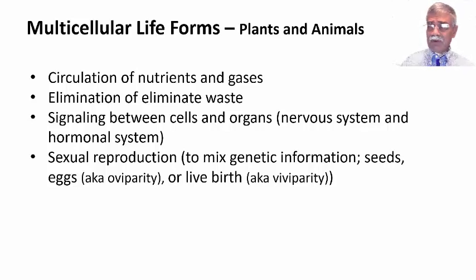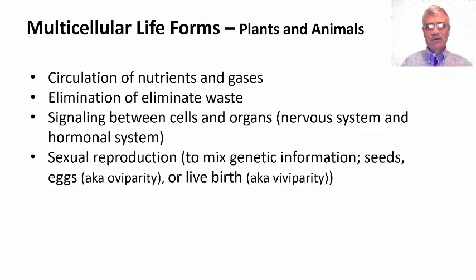Plants and animals are multicellular life forms. Now, to be multicellular, there are certain challenges that have to be overcome. One is, if you think about it, we have to be able to circulate nutrients and exchange gases with all the cells in our bodies, including our adipose tissue, our muscles, our liver, our brains.